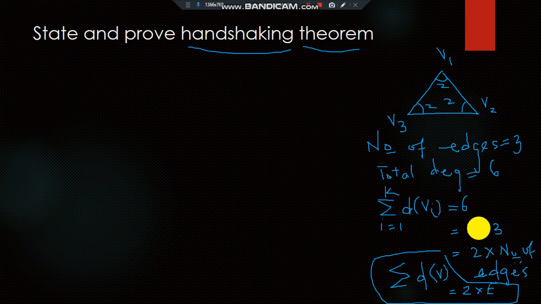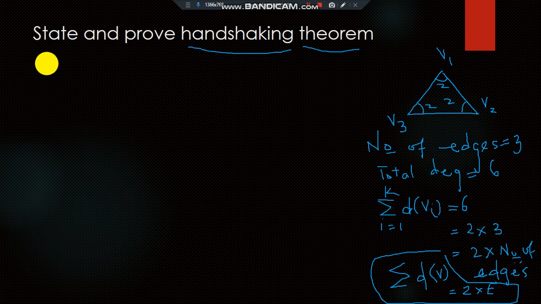Okay, so this relation between the total degree and the edges is called the handshaking theorem. So what is the statement of this handshaking theorem?